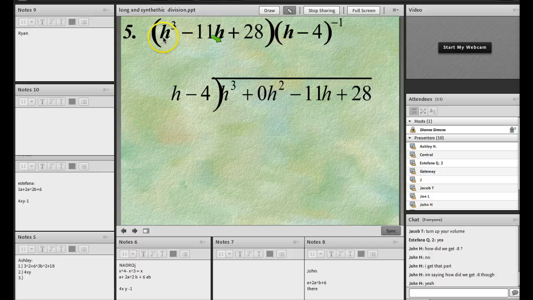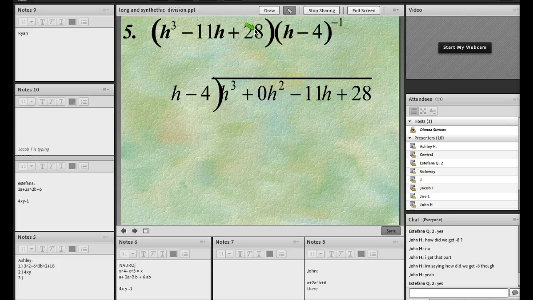term, okay? This is our cubic term. We have no squared term, so we've got to make a place for it. That's why we put the 0h. And then we have our linear term and our constant. Does that make sense? We have to have a placeholder for each, a 3, then we need a 2, then we have a 1, and then we have a constant.